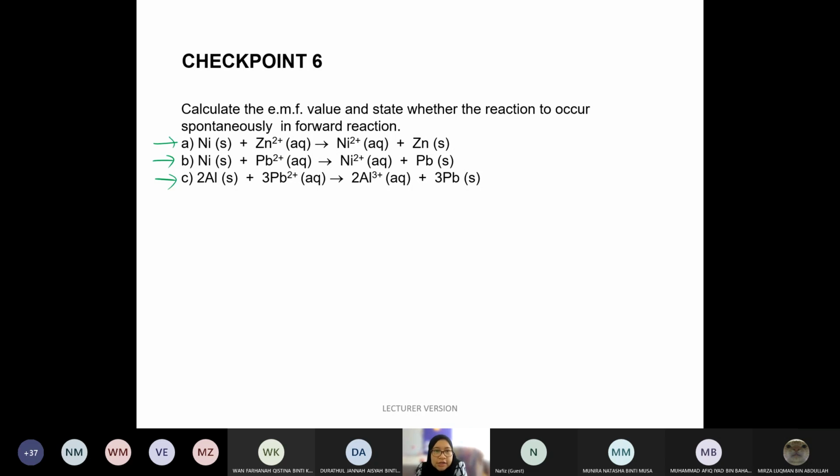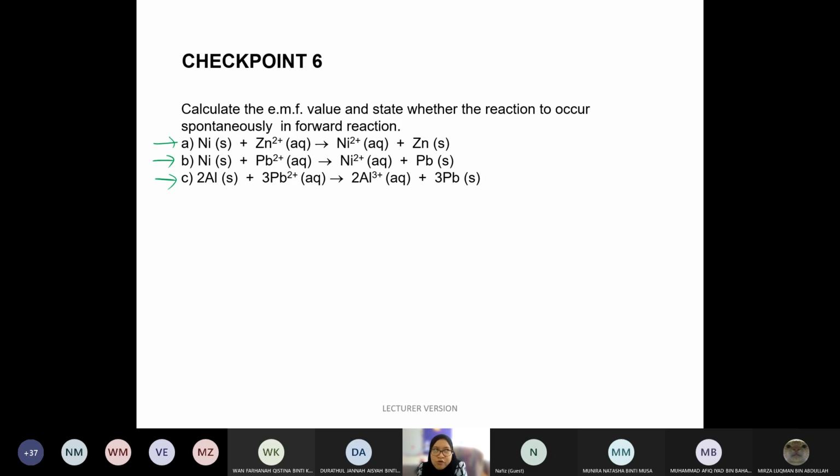You have to refer to the SRP table to get the values and then insert into the formula. But I know A is non-spontaneous, because it is zinc with nickel.